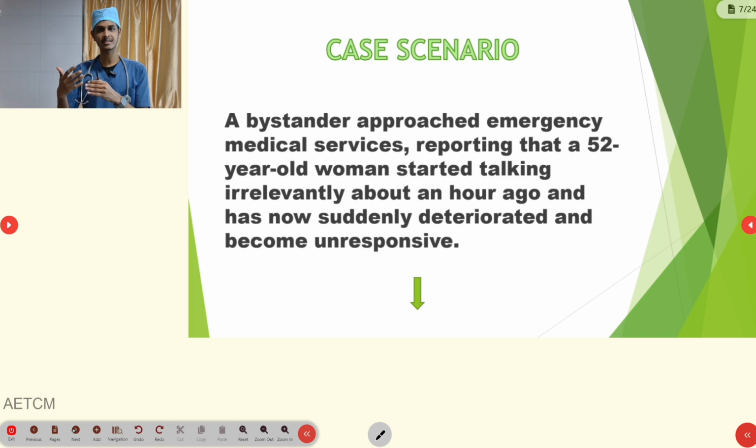You also have to think about CVA, seizure, and maybe hypoxia or hypoglycemia. Hyperglycemia also, DKA and HHS also. Then electrolyte-related causes like hyponatremia. You should have a wide range of ideas regarding the reasons for the altered mentation.